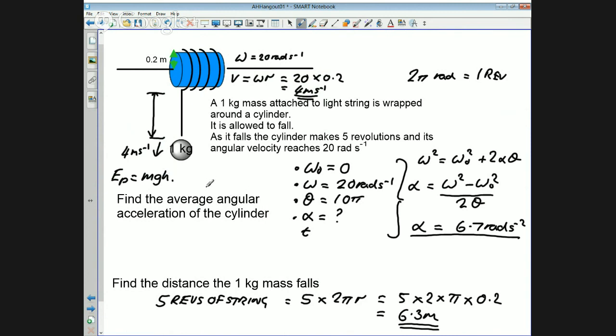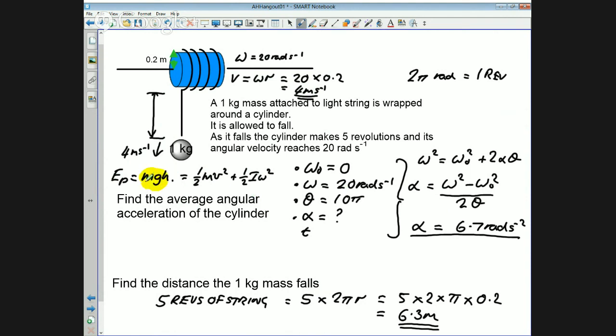But you've also got to remember that the total energy is equal to the kinetic energy, half mv squared, plus the rotational kinetic energy, which is a half I omega squared. So as far as this problem goes, I'm not going to work it through for you. You can try it yourself.